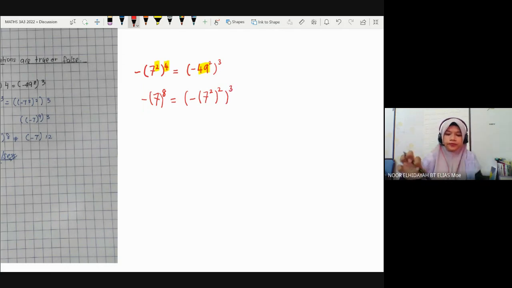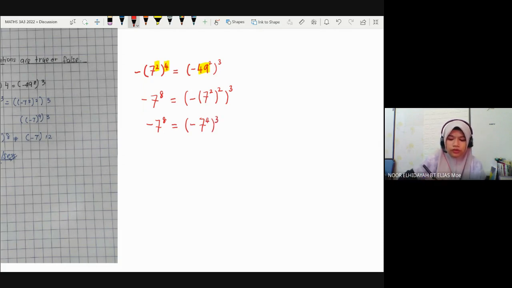Okay, this one, kalau tak letak bracket pun tak apa ni, sebab ada bracket dia. Negative 7, mana dia? Negative 7 to the power of 8. So negative 7 to the power of 8 is equals to, you have here, solve in the bracket first. So you have negative 7 to the power of 4 to the power of 3.